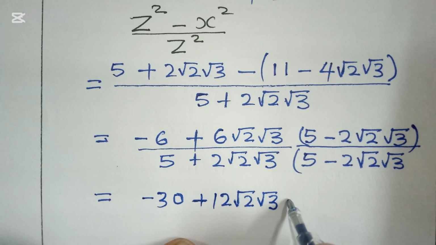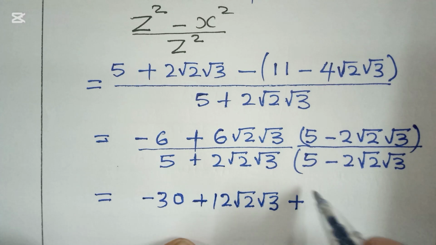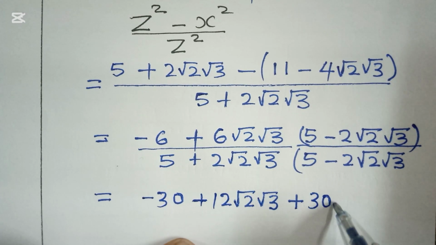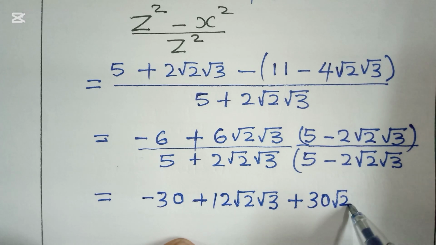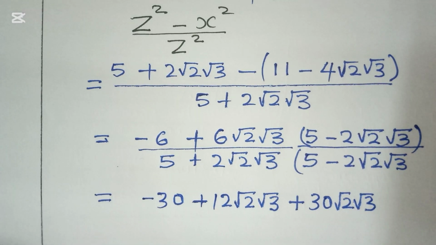Plus, again, that is 6 multiplied by 5, which gives us 30, root 2, root 3.